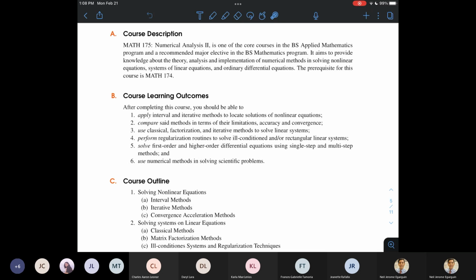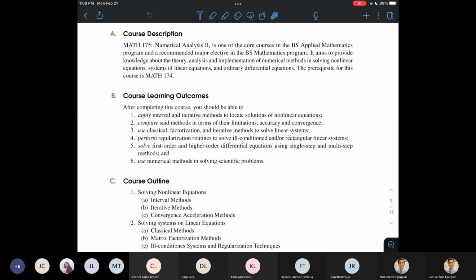Yung Math 174 gave us the power to build a polynomial model for those points. And even more than that, we were given different techniques on how to do differentiation and integration numerically. So yun, parang approximation theory yung inumpisahan natin sa Math 174.